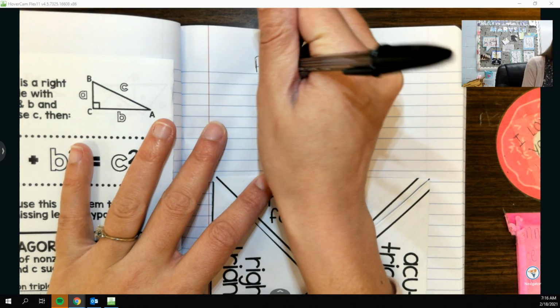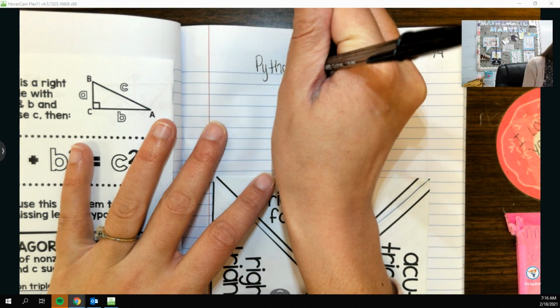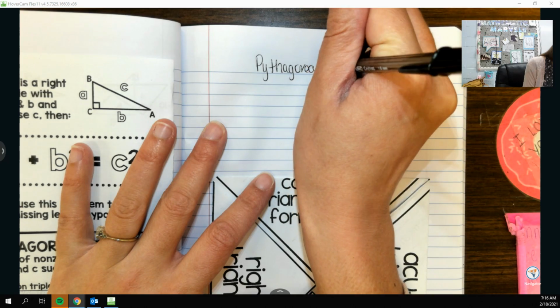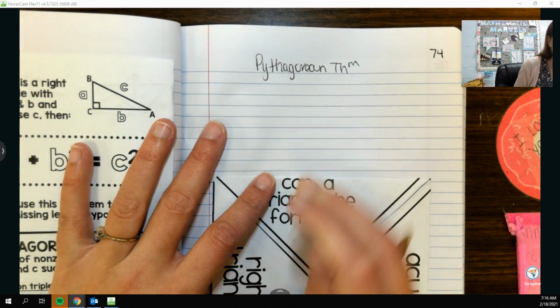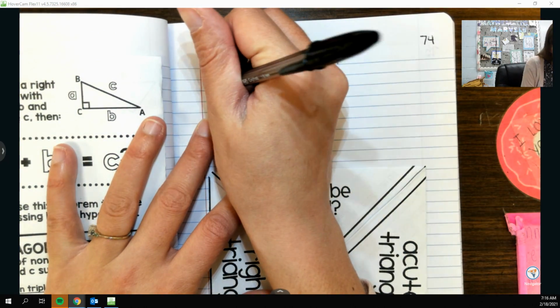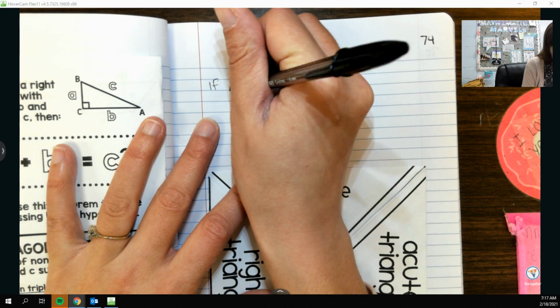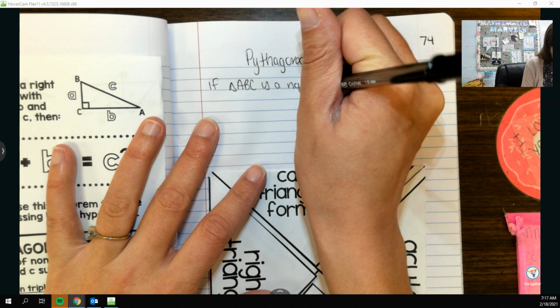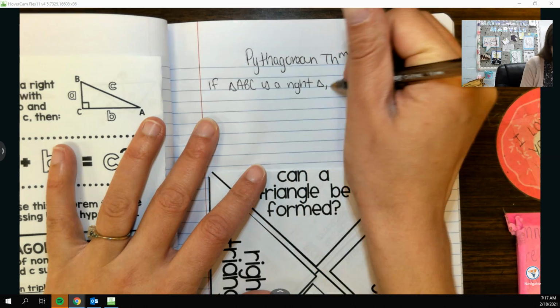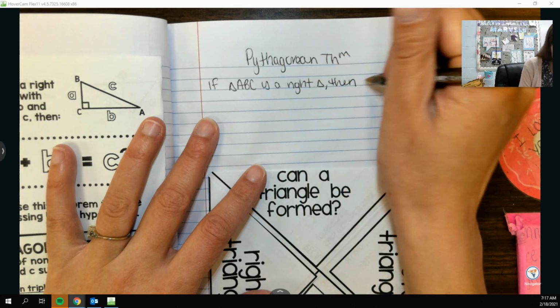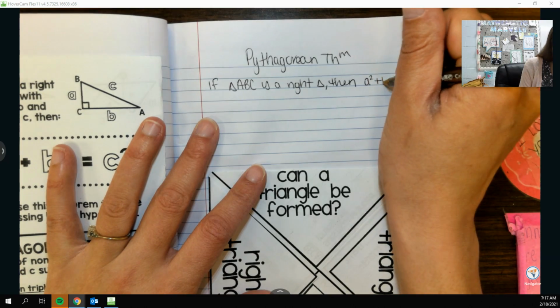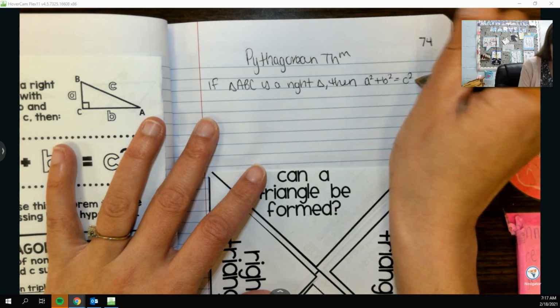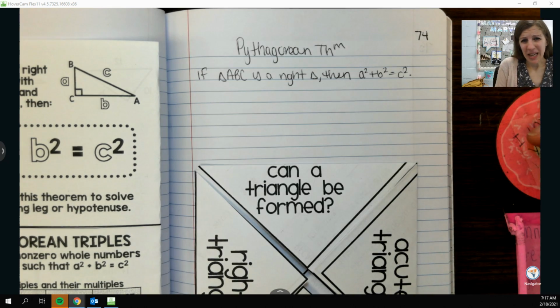So what the Pythagorean theorem says is essentially if triangle ABC is a right triangle, then a squared plus b squared equals c squared. And it's a real basic theorem.